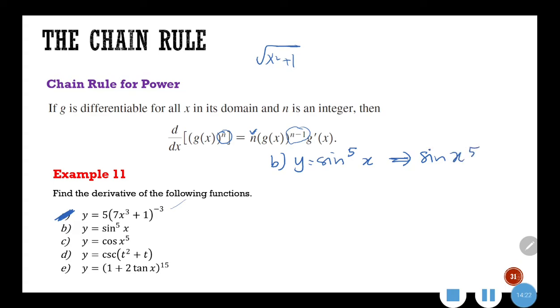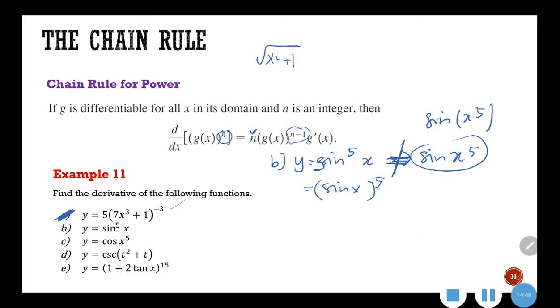Ni kena clear. Sin power of 5x and sin x power of 5 is not the same. Yang ni maksud dia sin x everything power of 5, whereas yang ni maksudnya sin dia punya angle tu x power of 5. So it's totally different. Be careful.